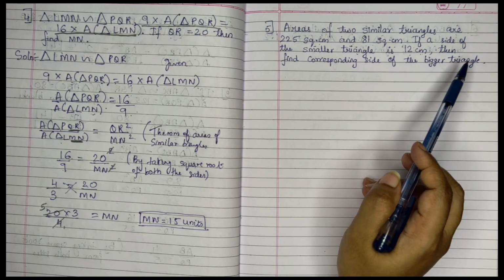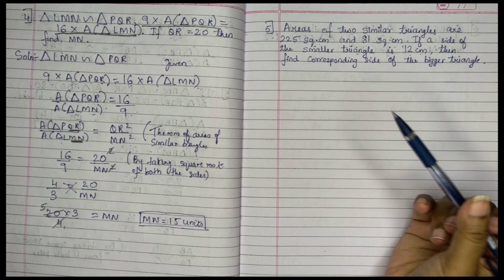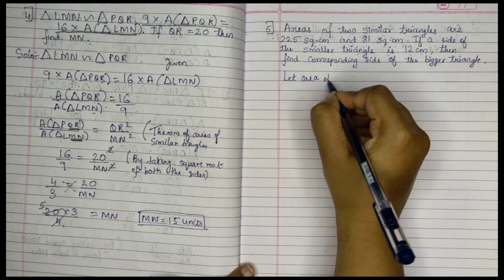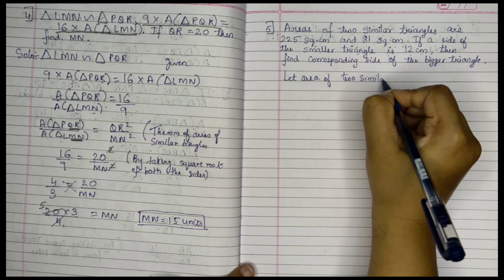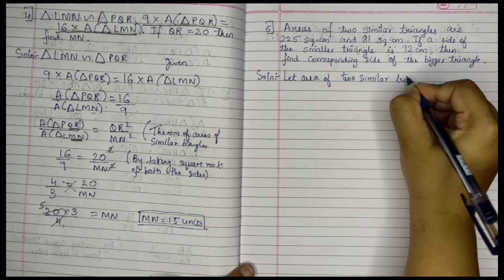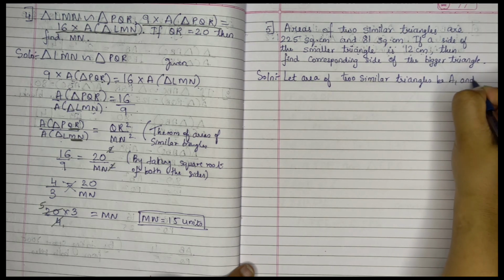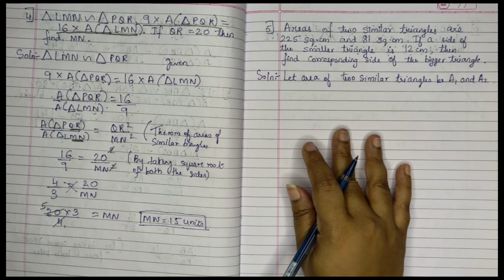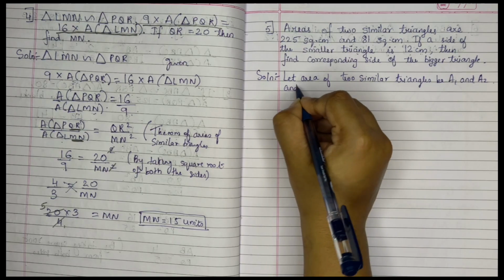Now we don't know the triangles, so we will assume that let the areas of two similar triangles be A1 and A2. Okay, and their corresponding sides we will assume as S1 and S2.